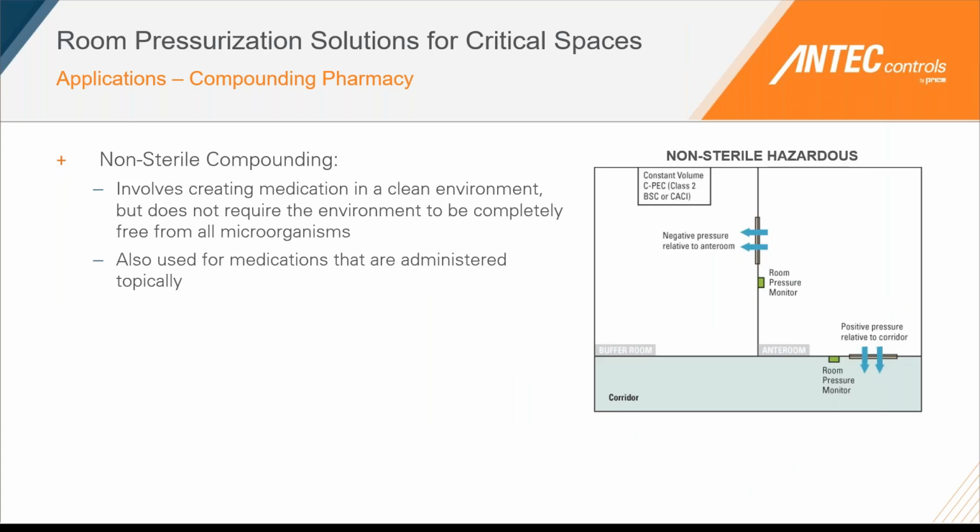To look at just a couple of examples here, we're just going to focus on non-sterile compounding and sterile compounding spaces. A non-sterile compounding space is a space where we're creating medication in a clean environment, but that space doesn't have to be completely free of all microorganisms. So these spaces are typically going to have a lower ISO class rating since we don't have to have them be absolutely clean from all microorganisms.